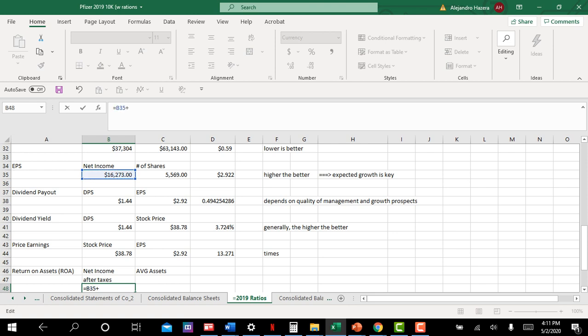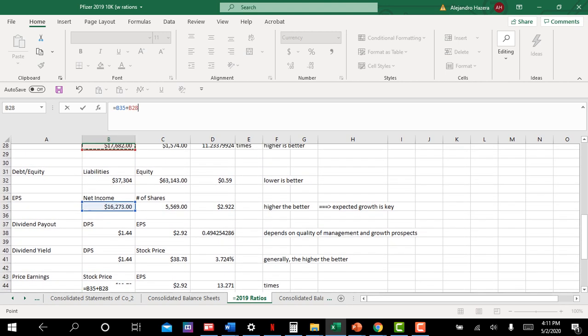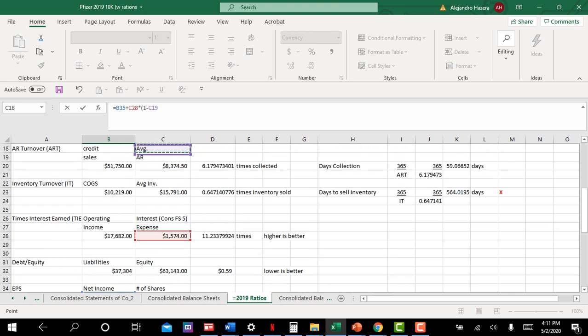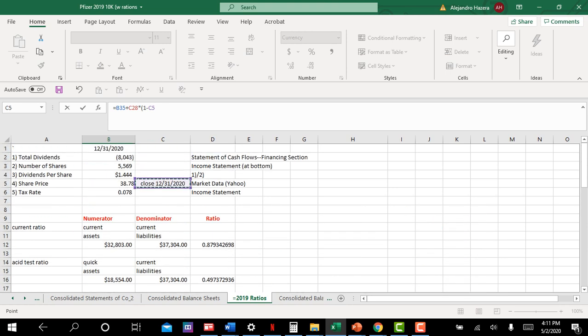Then we're going to add back interest expense. We know that we used interest expense in times interest earned. We're going to multiply interest expense times 1 minus the tax rate, which we calculated initially. That's why I do these initial calculations right there. So the interest expense times 1 minus your tax rate gives you your net of tax interest expense.